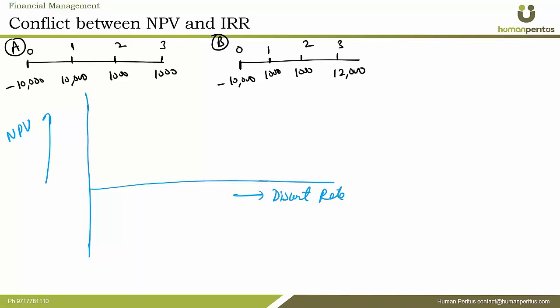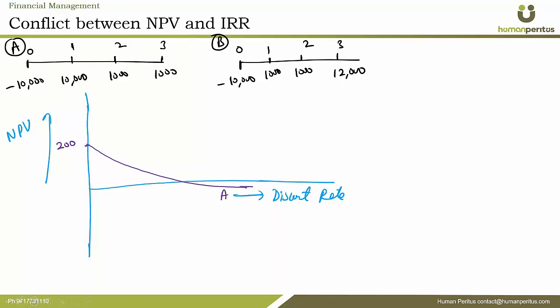If the discount rate is 0, the value of A will be 2,000, right? You can calculate NPV for this at 0 discount rate if you want. You'll get the value to be 2,000. So from 2,000 it starts, and maybe it goes like this. This is my project A.